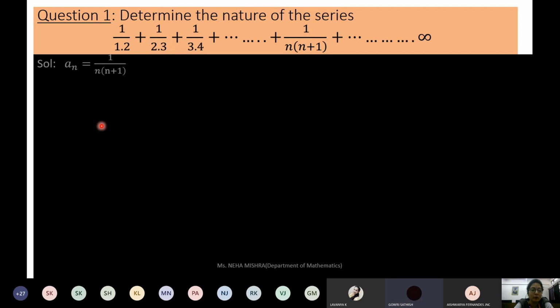After taking LCM, it will be n plus 1 minus n, so plus n and minus n get cancelled, so it will be 1 by n into n plus 1. That you are telling is from this step to this step. If you have this step, then you can easily get this step. But what I'm asking is, if you have this step, how will you get this step? Is there anyone who knows?